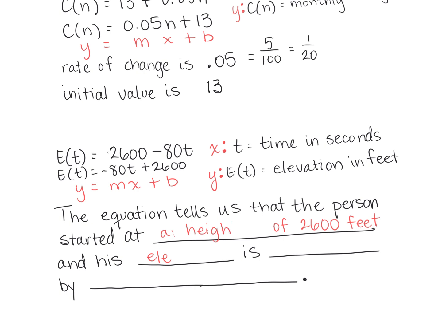You begin at a height or an elevation of 2,600 feet, and his elevation is decreasing, and I know it's decreasing because the slope is a negative number, by 80 feet per second. So understanding what these questions are giving us and putting it in context is very important.